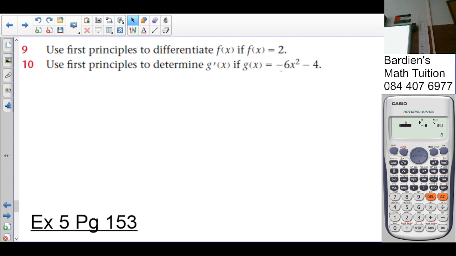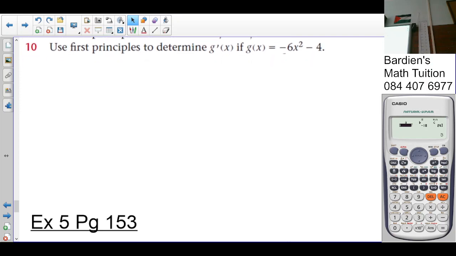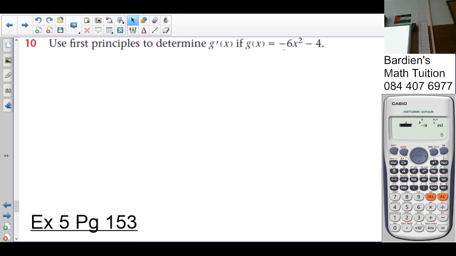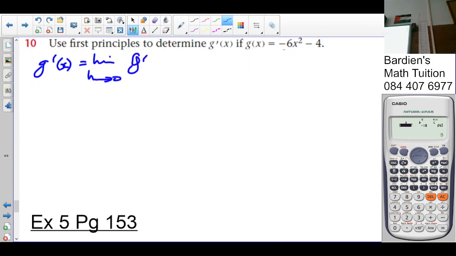Number 10: use first principles to determine g prime of x. So g prime x will be the limit as h approaches 0 of g of x plus h minus g of x all over h.